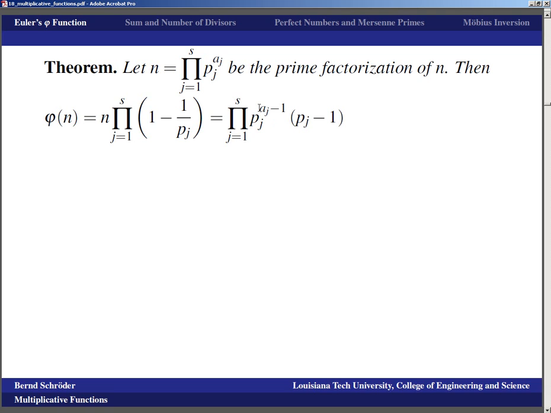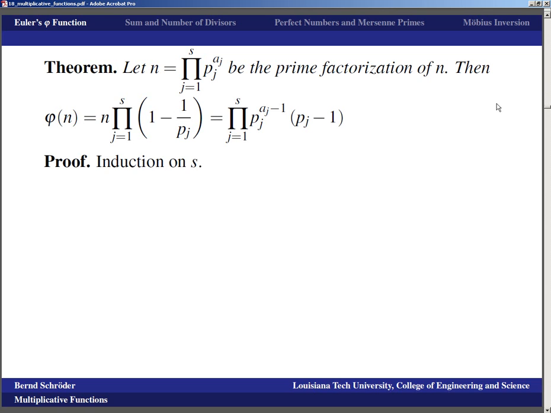If you factor pj to the aj minus 1 out, you get this, so that works. And if I were to factor another pj out of here, I would get 1 minus 1 over pj, but then I could split up the product, and the product of the pj to the aj would be this n out front here, so this is just arithmetic.